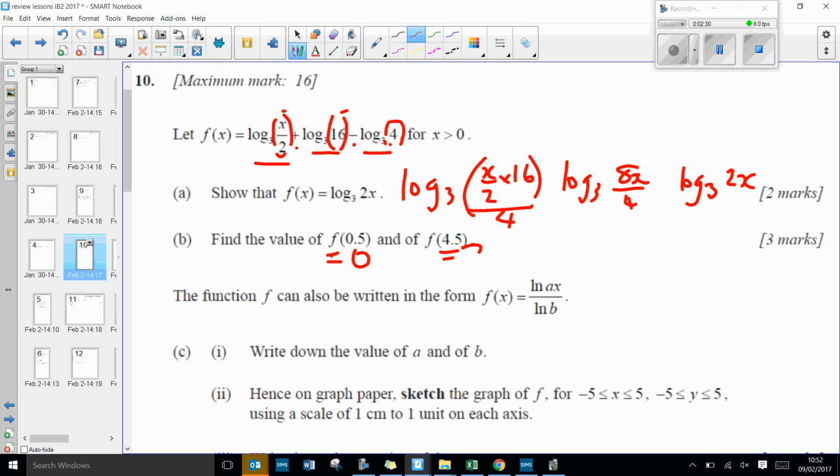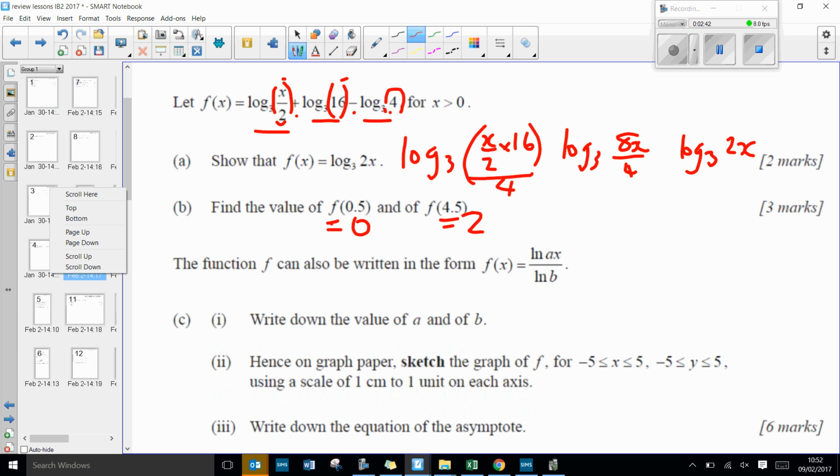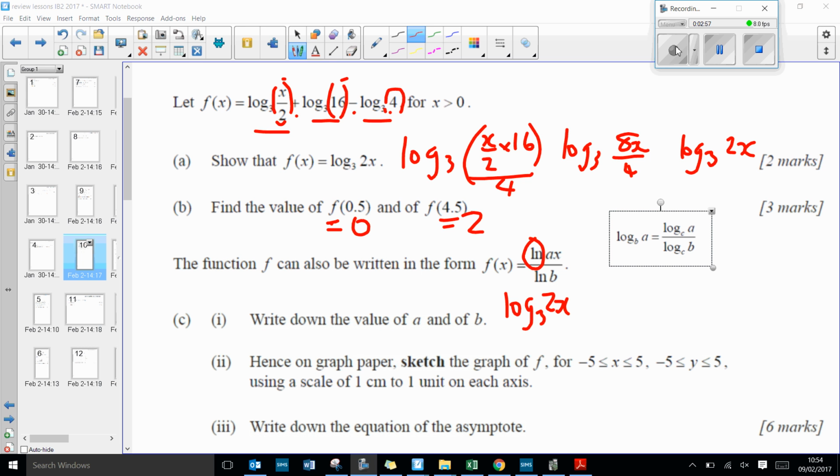And this function can also be written like this. Write down the value of a and b. So if we've got log base 3 of 2x, and they've changed to natural logs, we're going to use our change of base formula. As you can see, this is our change of base formula from the formula booklets.